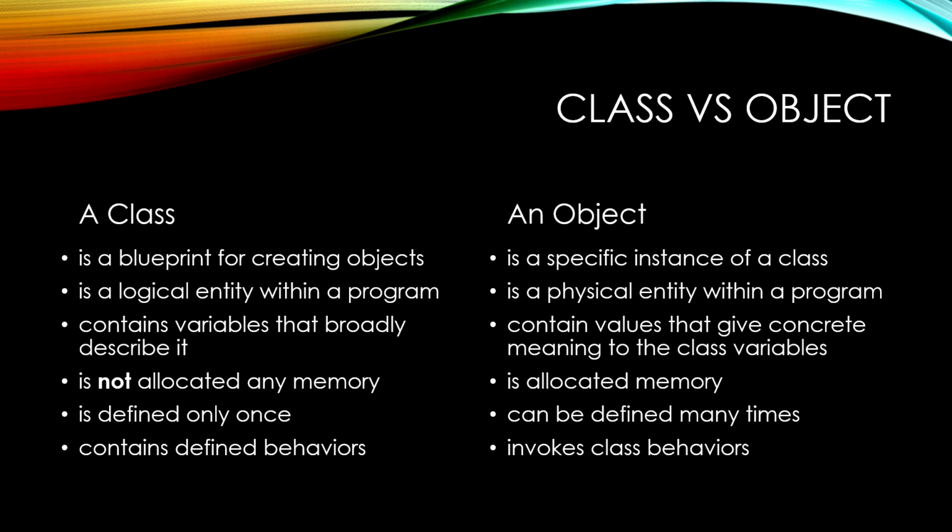We are going to create a list of objects. So, to shorten, a class is a logical entity that explains what objects of that class look like. An object is an instance of that class that gives concrete meaning to the blueprint specified within the class definition.